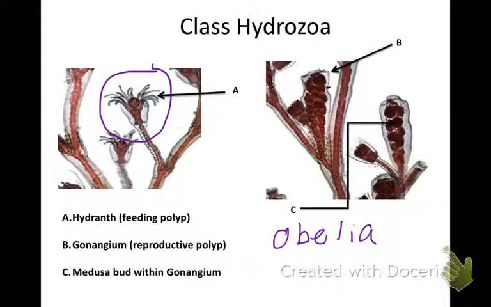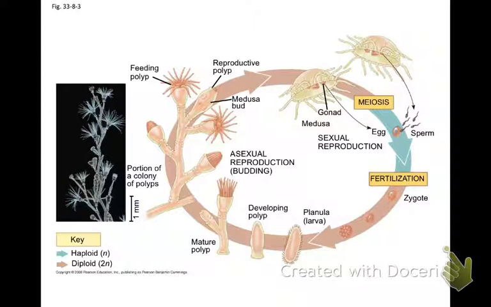Then we have other polyps, shown here, that are called a gonangium, or a reproductive polyp, and inside that polyp you have developing medusa, or jellyfish-like forms that will bud off of the gonangium and become free-swimming organisms.